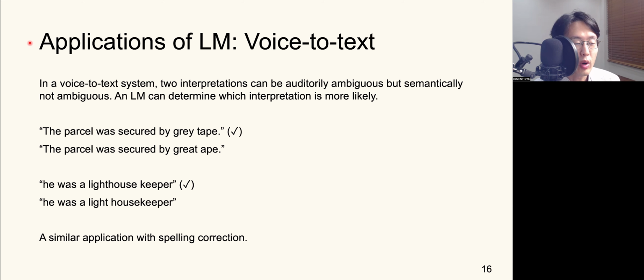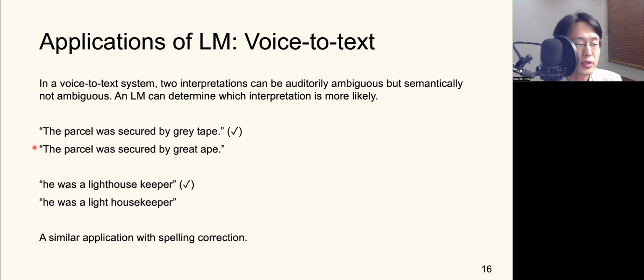One very nice use of a language model is in constructing a voice-to-text system. In a voice-to-text system, you can have multiple interpretations that are auditorily ambiguous but semantically not at all ambiguous, and a language model can determine which interpretation is more likely. Let me read these two sentences. Sentence number one: the parcel was secured by gray tape.